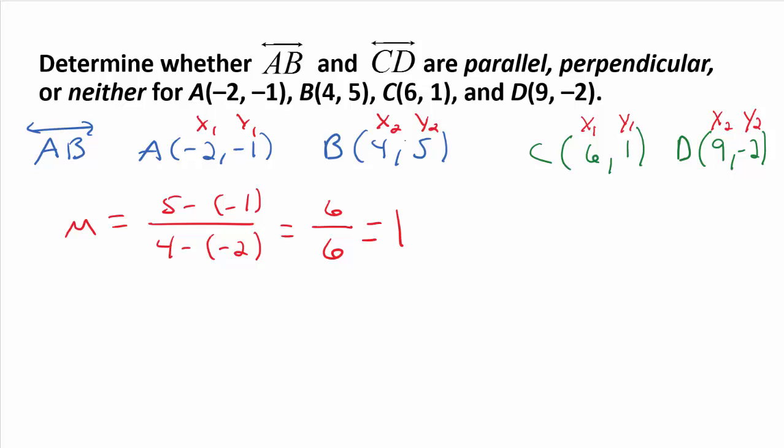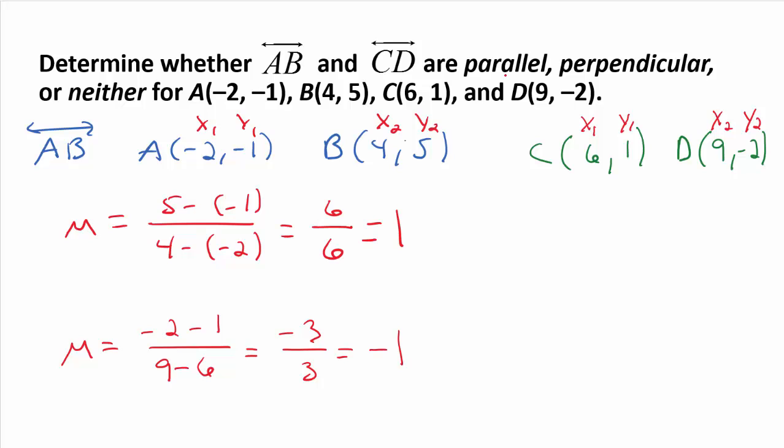I'm actually going to do it under here. -2 minus 1 over 9 minus 6. We've got -2 minus 1 is -3. 9 minus 6 is 3, which is going to be -1.